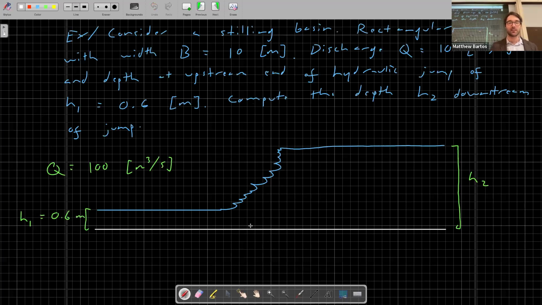So we have a rectangular channel, and we want the distance from the surface to the centroid of this rectangle. That distance to the centroid, because it's a rectangle, is just going to be h divided by 2.